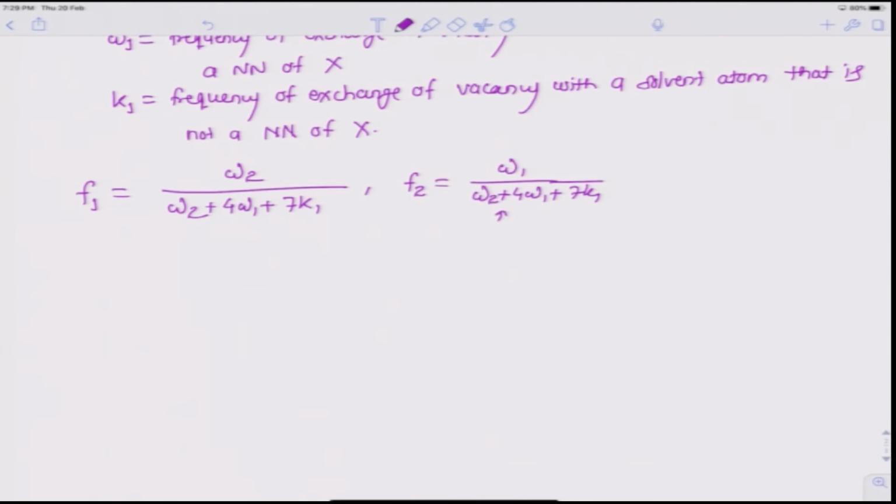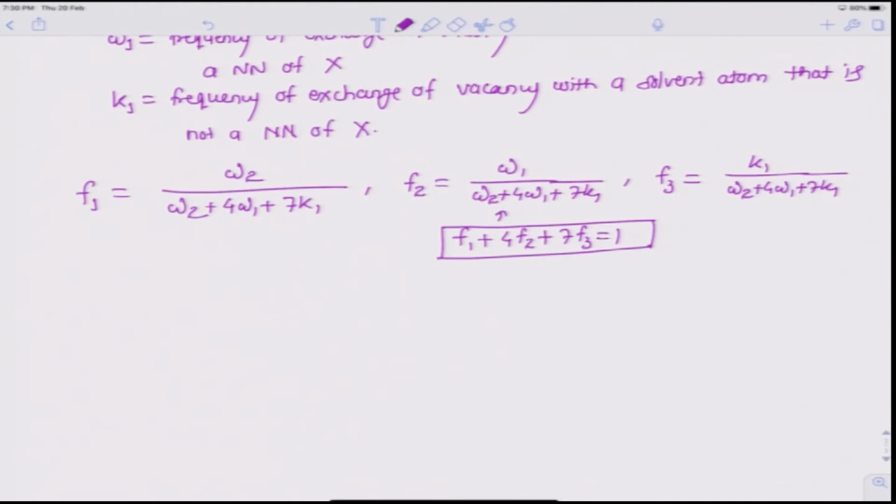This is the probability that the vacancy exchanges with a solvent atom which is also a nearest neighbor of X, and let us call F3 as the probability that the vacancy exchanges with a solvent atom which is not a nearest neighbor of X. So, then that would be K1 over omega 2 plus 4 omega 1 plus 7 K1, and so we can get F1 plus 4 F2 plus 7 F3 should be equal to 1.